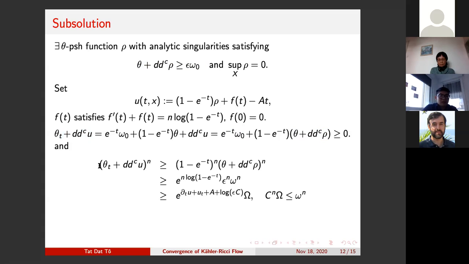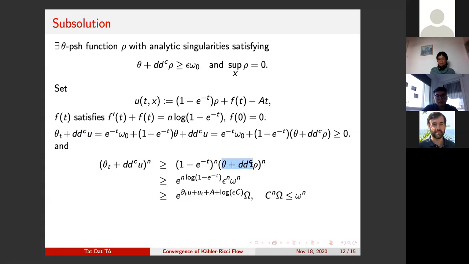So here we take the Monge-Ampère mass for this current, and you can see that using the concavity of the determinant, this will be bigger than this term, and because theta plus dd^c of rho is bigger than epsilon omega_0, so this is bigger than this term.